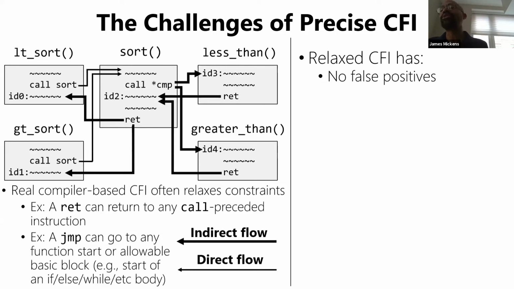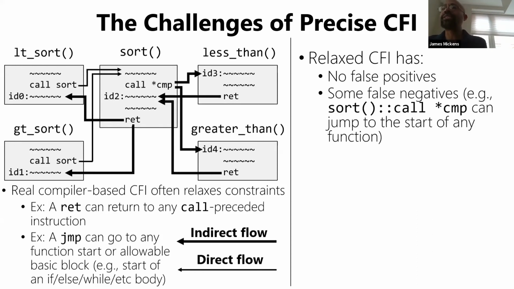Well, because it has no false positives. Whenever you're designing a security tool, you always have to be thinking about false positives, because even very small false positive rates will make users very unlikely to use your system. So relaxed CFI, because it's relaxed, has no false positives. It does have some false negatives, as I was just discussing.